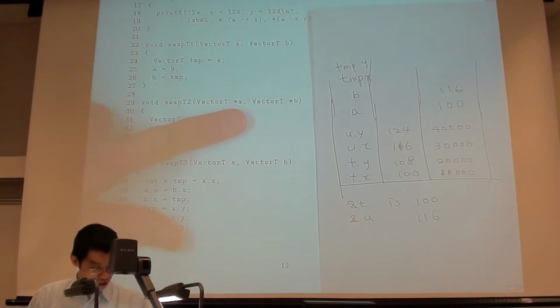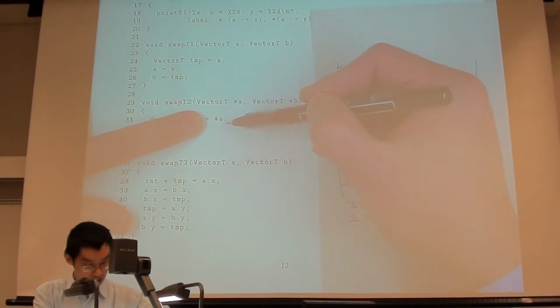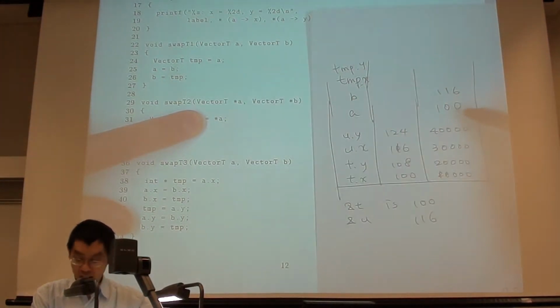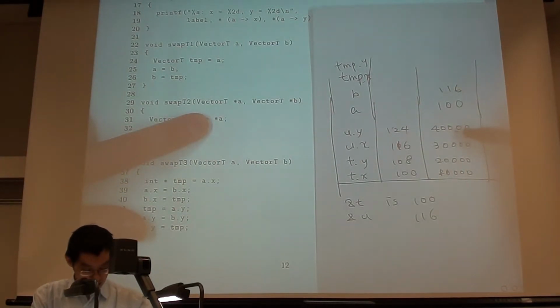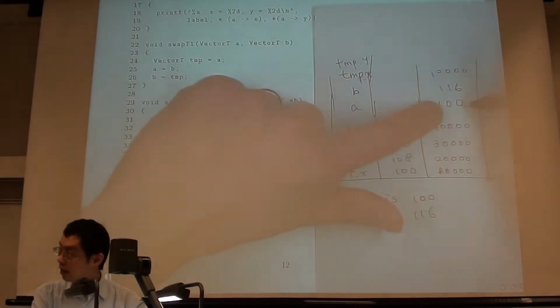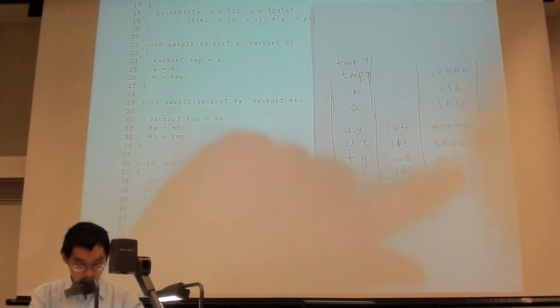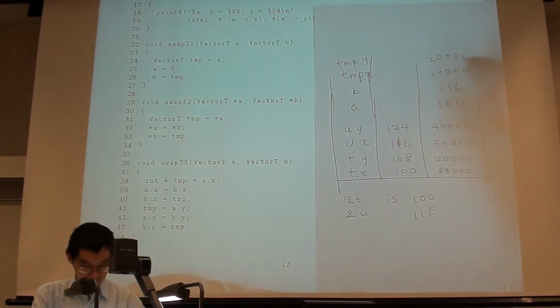The difference is that in the declaration there's a type in front of the star, and here there's no type in front of the star. If there's no type in front of the star, it means I will take A's value as an address and read the value at that address. So I'm going to copy 10,000, 20,000. I take 100, go to it, and read the value at 100.